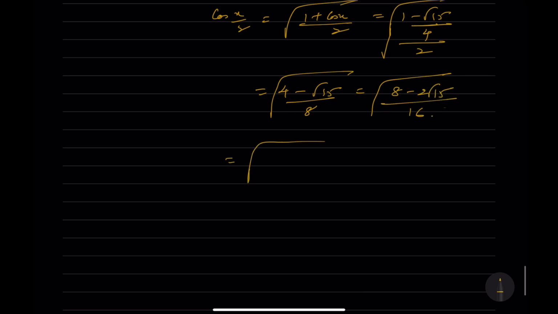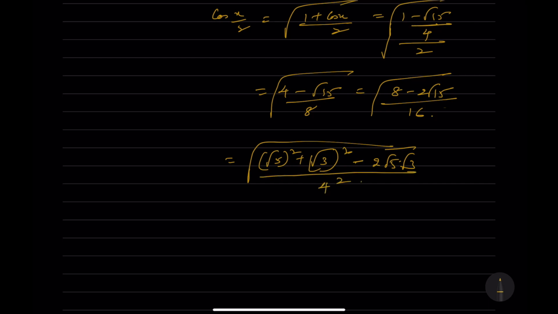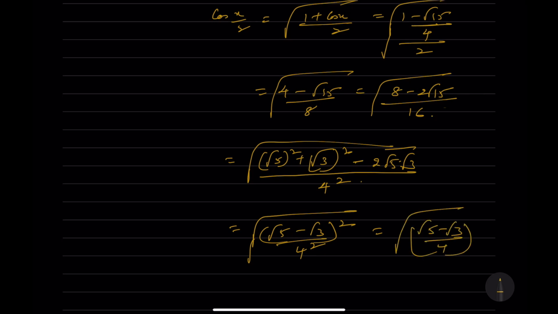So which is equal to under root of, you can write this as root 5 whole square plus root 3 whole square, because 5 plus 3 is 8, minus 2 root 5 into root 3 divided by 4 square. So which is equal to under root of root 5 minus root 3 whole square divided by 4 square, or it can be written as under root of root 5 minus root 3 by 4 whole square.